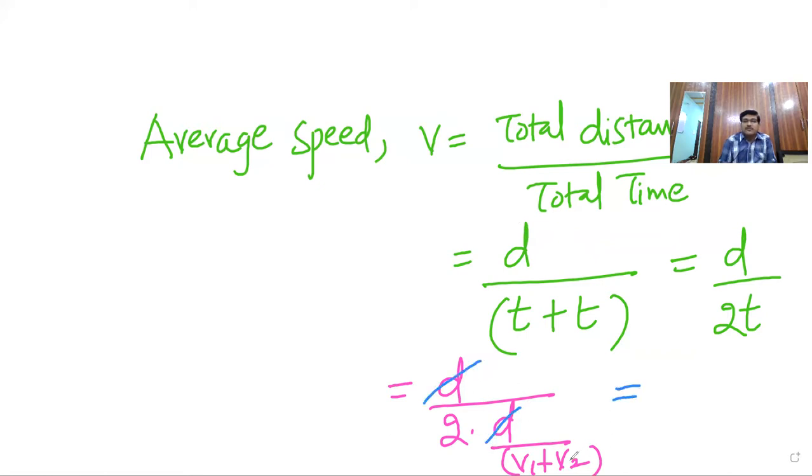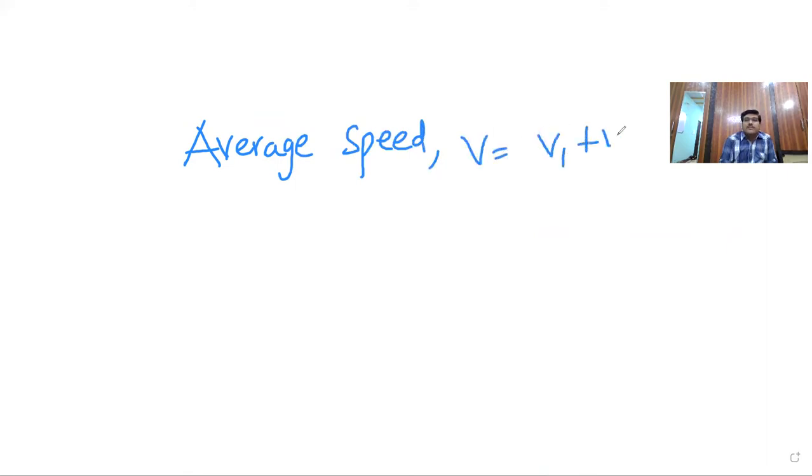This becomes V1 plus V2 by 2. That means in this case the average speed V is equal to V1 plus V2 by 2. This is the formula.